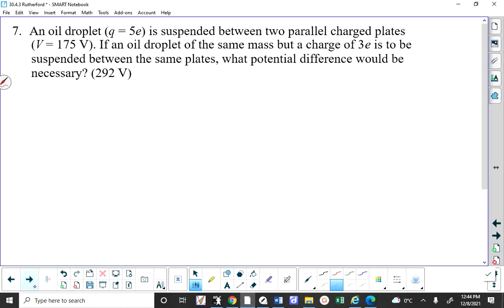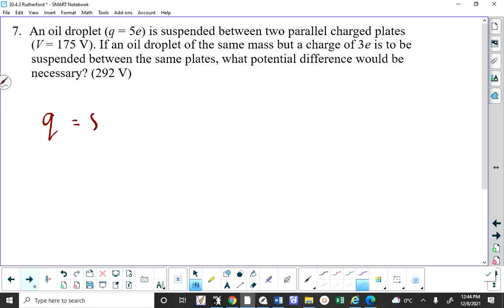So we have an oil drop that has a charge. You're told the charge in terms of elementary charges. Oh, this is a good question. You're told the charge in terms of elementary charges, not in terms of coulombs, but it's very easy to figure out what that charge is.